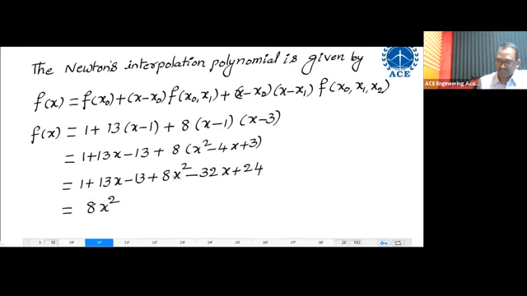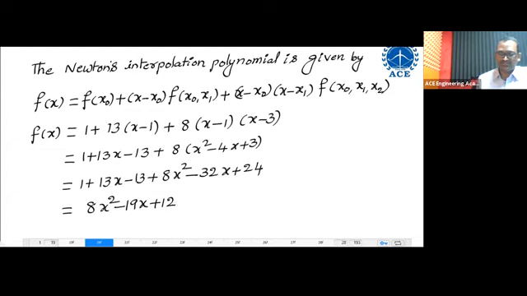So this is 8x square minus 32x plus 13x, I think minus 19x, 24 minus 13, 11 plus 1, 12. This is f of x.